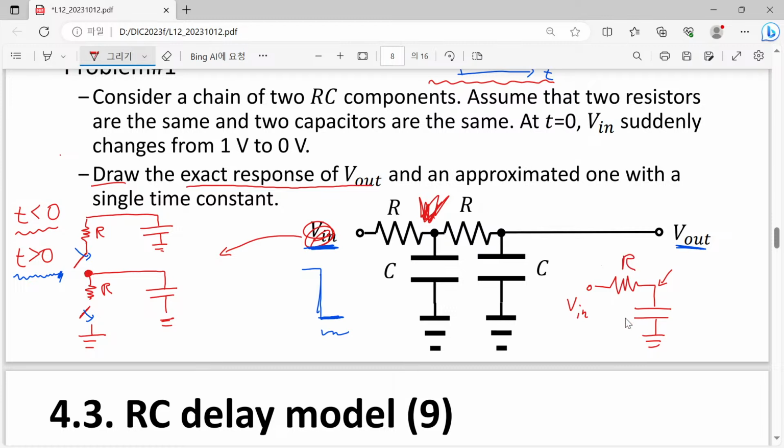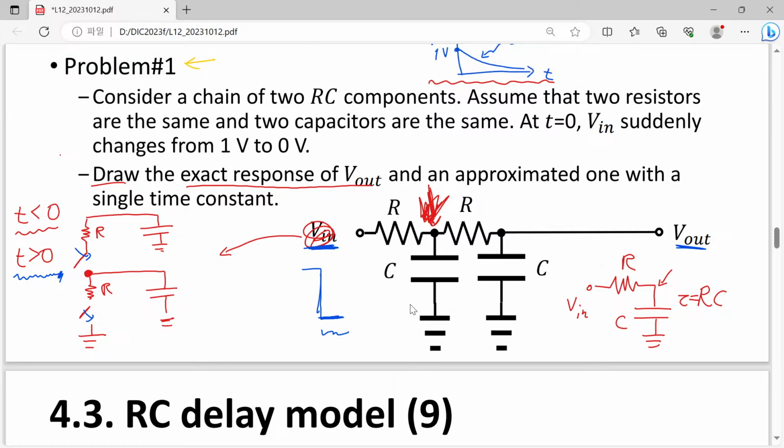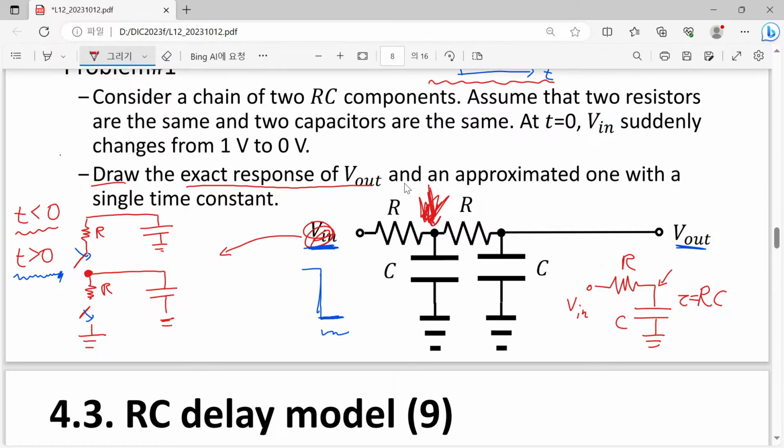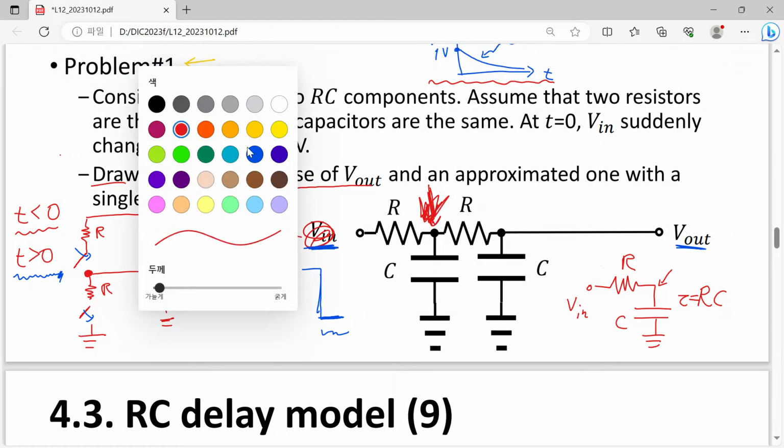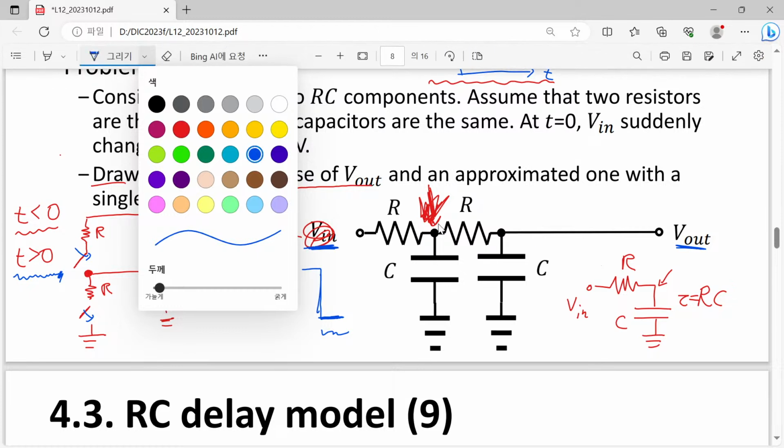So are you with me? Because this is RC, it will give us tau equal to RC. And if we concentrate on this node, even in this case, we have just RC as the time constant.